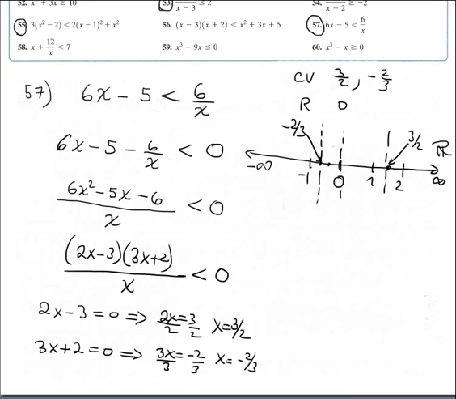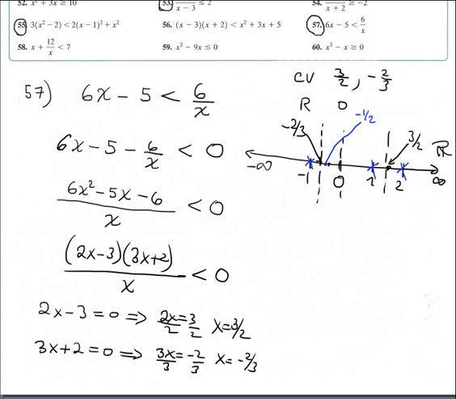Okay, now the testing points. The testing points are negative 1. One more testing point is here, maybe in the middle here. This is like a negative 1/2. And one more point is 1. And another point is 2.